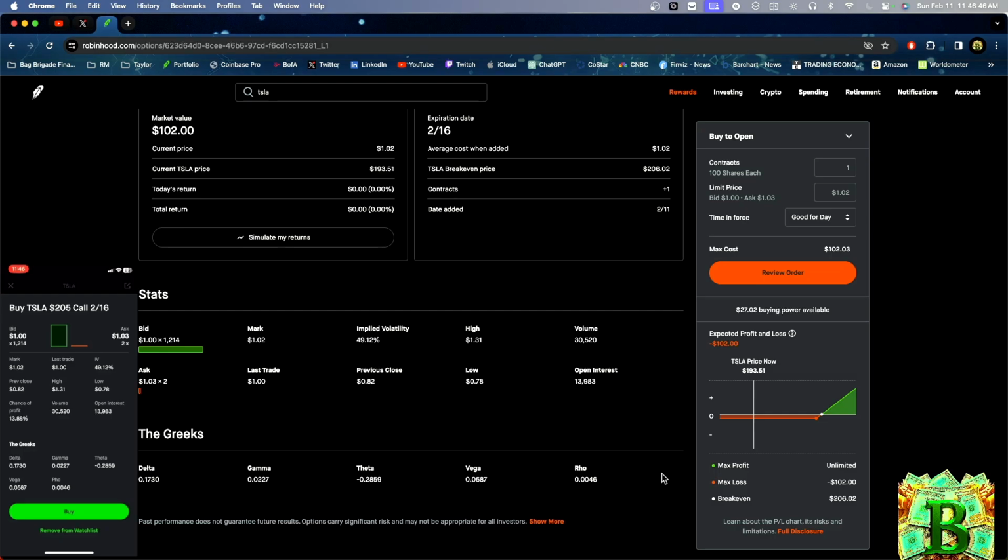Vega quantifies the impact of changes in implied volatility on an option's premium, showcasing the sensitivity of option prices to volatility fluctuations. Rho measures the effect of changes in interest rates on option pricing. Although its influence is typically minimal and honestly disregarded, that's why I didn't want to harp too much on that.